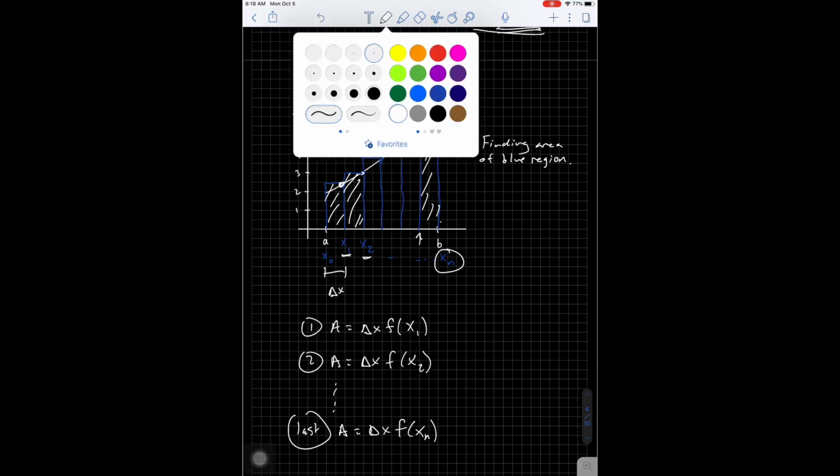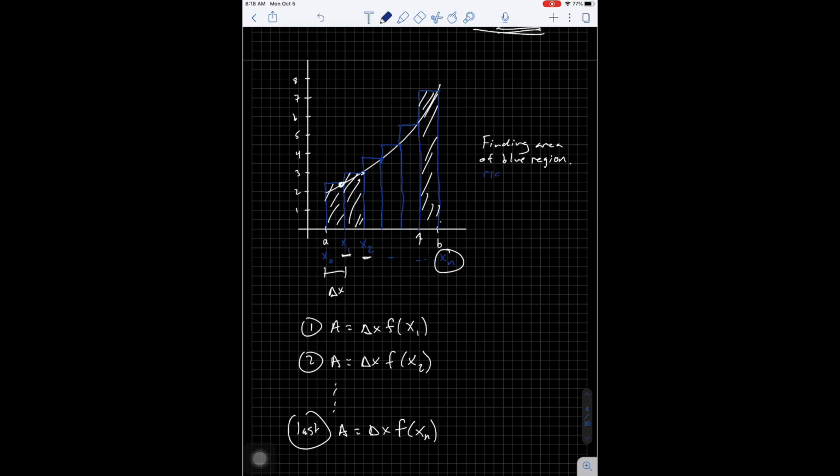So let's see what this is going to be of right endpoints. So we've got the sum of i equals 1 to n, and I know I've got delta x as my width. Now, how do I index? I want that index to start at 1 and end at n.